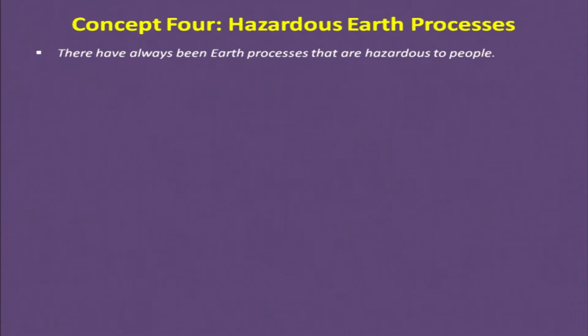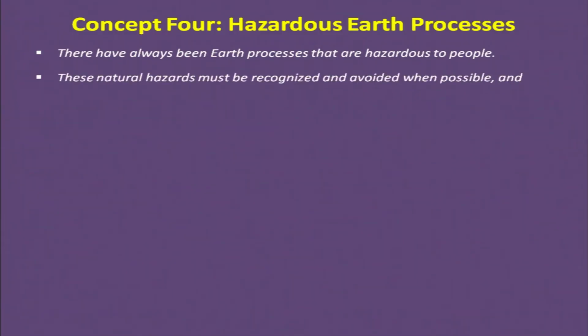Now, concept 4. As we were talking about different concepts, 5 concepts we talked about in the previous lectures, out of which 3 we are going to cover. So, concept 4 is hazardous earth processes. There have always been earth processes that are hazardous to people.